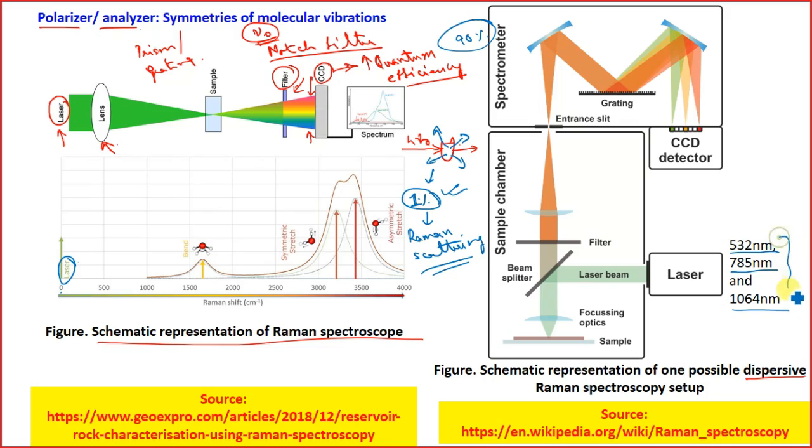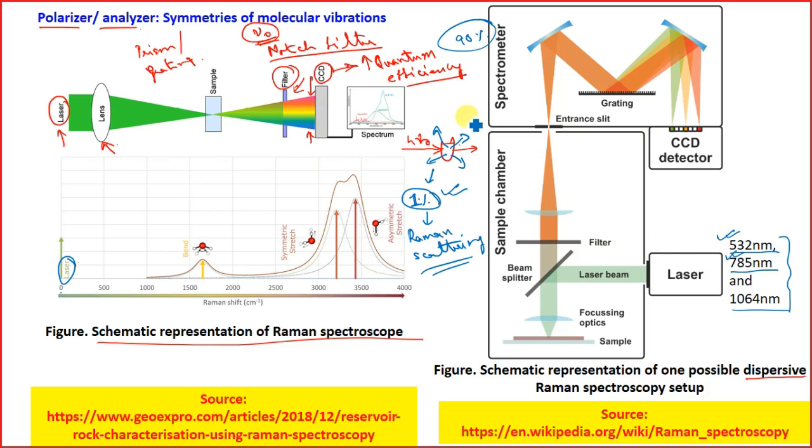However, if the sample is fluorescent, and we use the 532 nanometer or the 785 nanometer laser, there are chances that you will have the fluorescence effect.